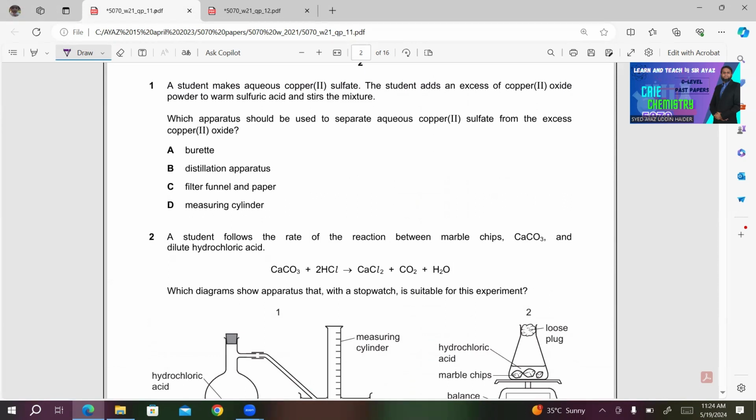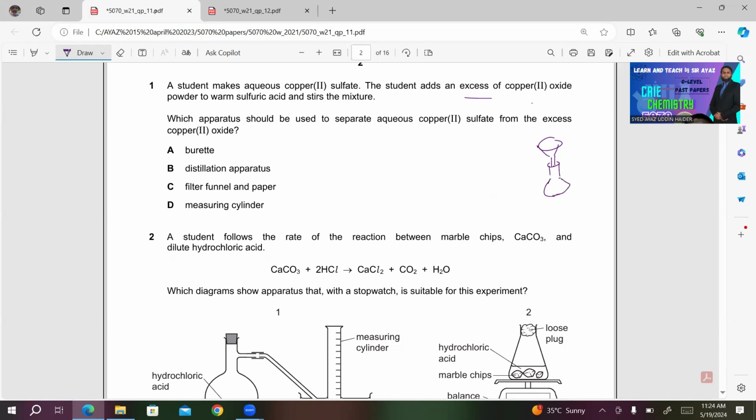Now you are making aqueous copper 2 sulfate from copper 2 oxide powder and warm sulfuric acid. So this will be the apparatus used for this purpose: filter funnel, and you have a conical flask.